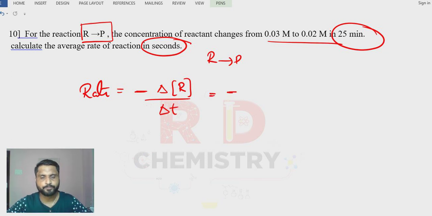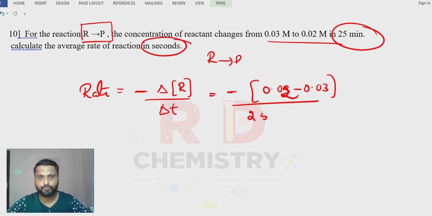So minus the change in concentration, final minus initial, 0.02 final minus 0.03 initial, divided by the time interval of 25 minutes. Convert into seconds now, so it is into 60. So this is equal to plus 0.01 divided by 25 into 60.